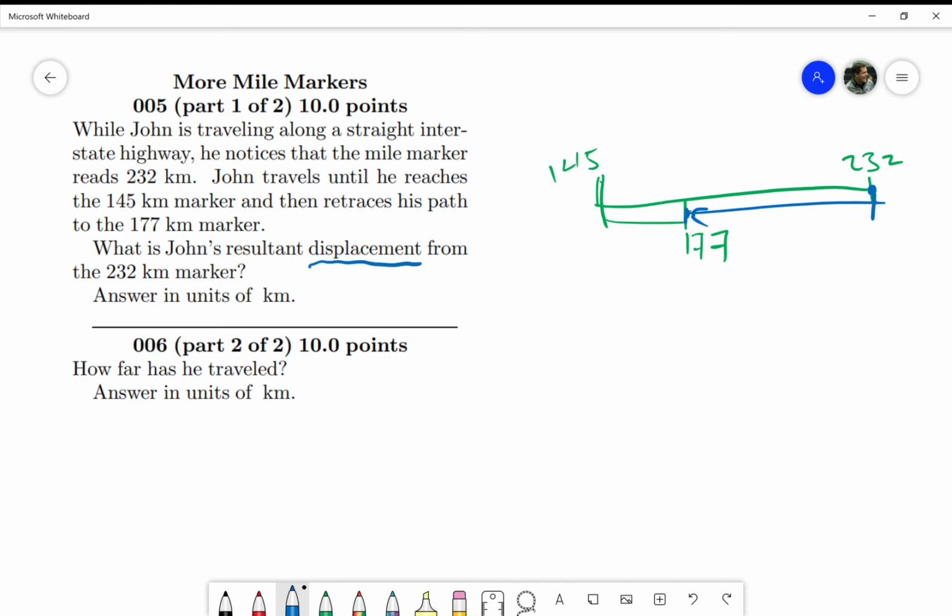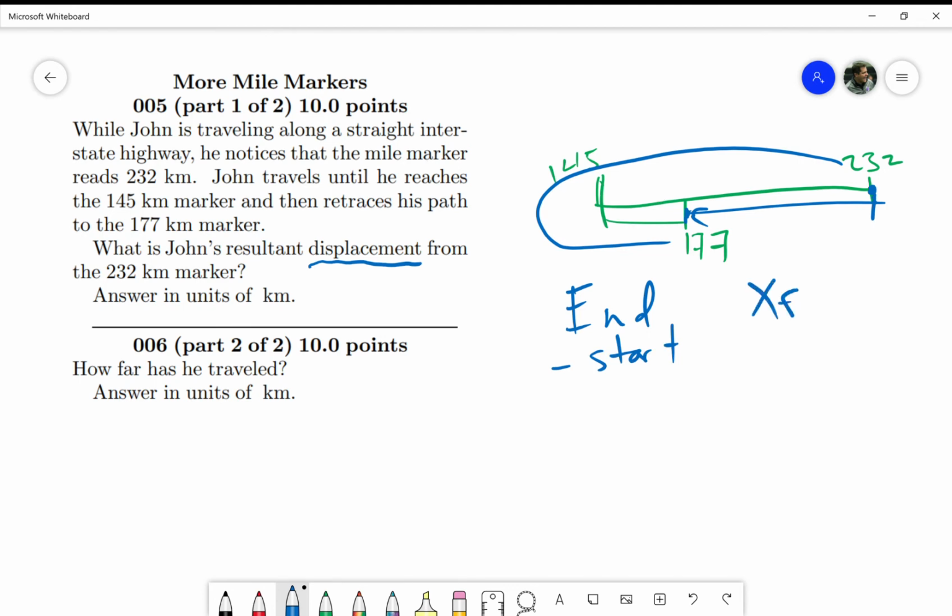It does not care how you got there. It doesn't care that it went to 145 and then went back. Displacement just cares about your start position and your end position. So, if you want to think in terms of an equation, it will always be your end position minus your start, or final position minus initial.